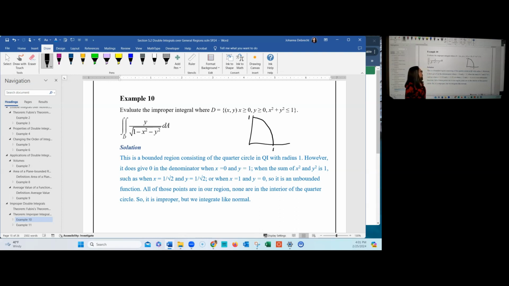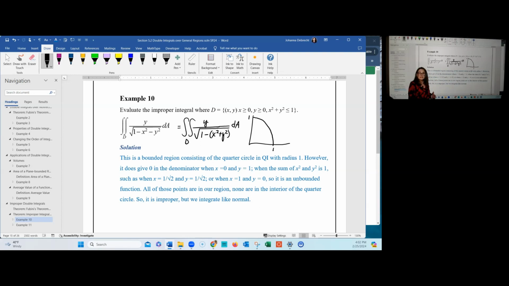Now, the problem with that is if I were to factor this denominator and take out the negative, I could rewrite this as the double integral over that region D in quadrant 1 of y divided by the root of 1 minus the quantity x squared plus y squared. If x squared plus y squared equals 1, I'm going to have a problem.